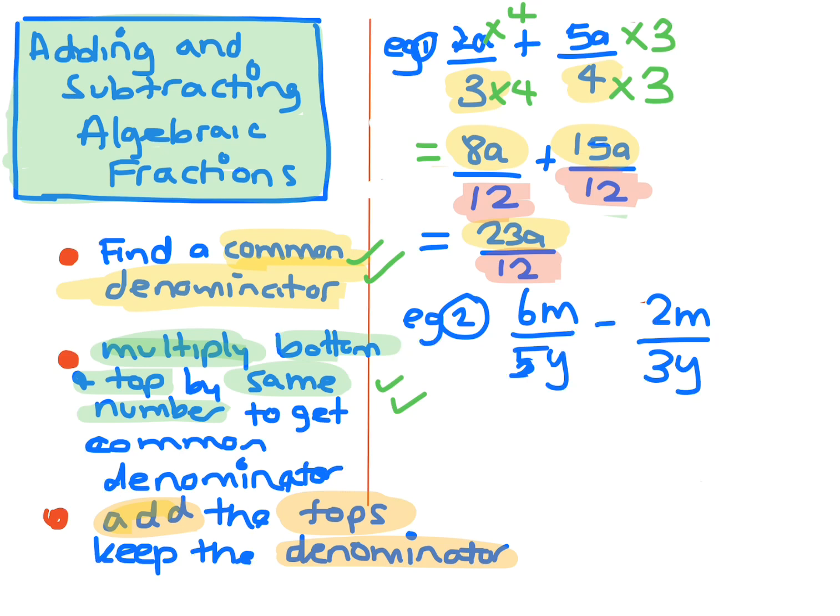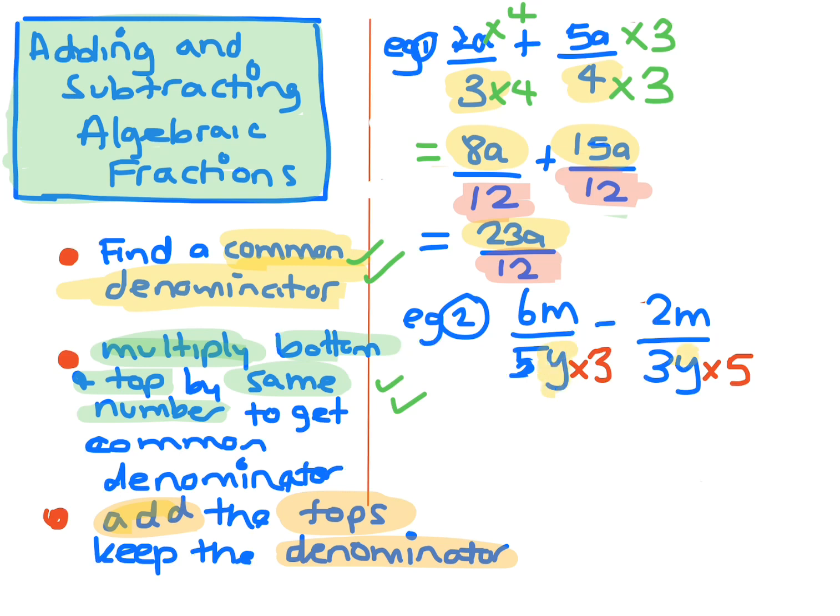Okay, so let's look at the next one. Now, here's the thing. See how that's 5y and 3y? You just need to multiply that one by 3 and that one by 5, and you'll have the same thing on the denominator. There's no need to put a y there. Like, you don't have to make the denominator 15y squared. Because with these, both of them have one y contained in them.